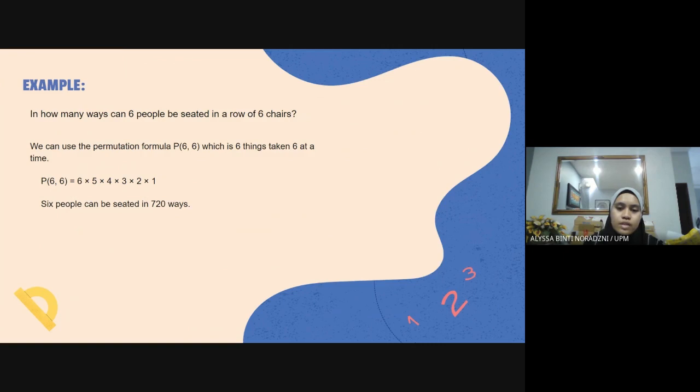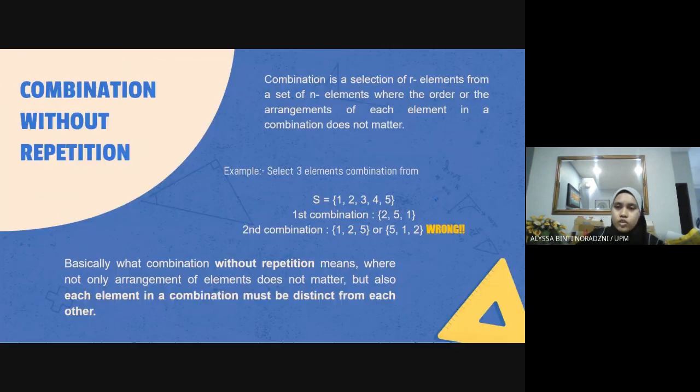We can use the permutation formula P66, which is 6 things taken 6 at a time, equals 6 times 5 times 4 times 3 times 2 times 1 equals 720 ways. So 6 people can be seated in 720 ways. Thank you.